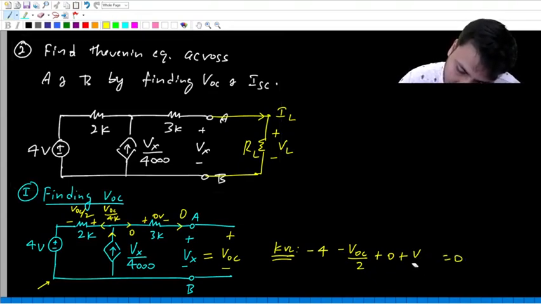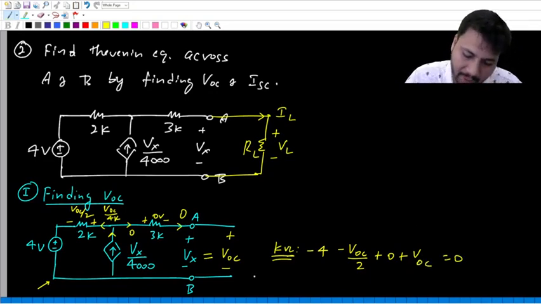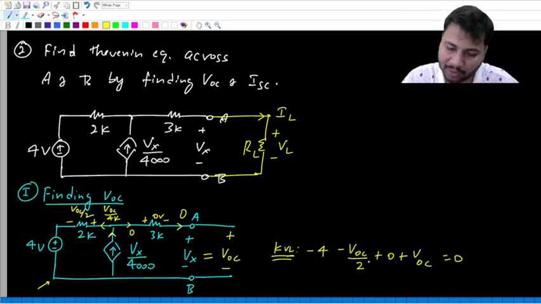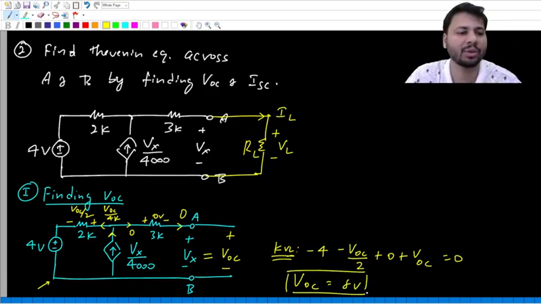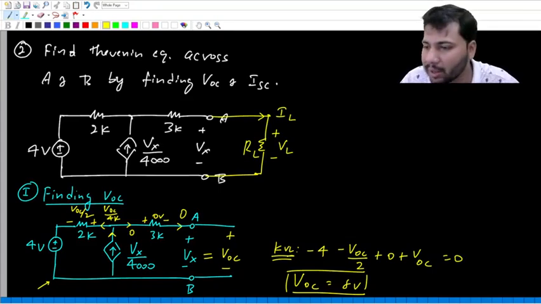So this is how we write KVL around this outer loop. VOC minus VOC by 2 is VOC by 2 equal to 4. So VOC is 8 volts.